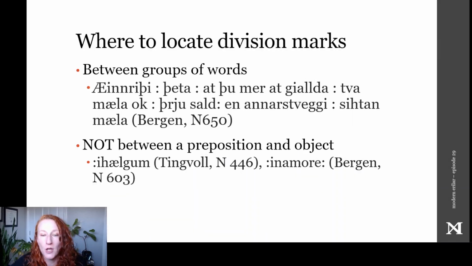Sometimes rune writers chose to divide groups of words. The writer of business letter N650 from Briegen tends to divide phrases, but the divisions don't quite correlate to where we would place a comma, for instance, in modern English. In many instances, rune writers would not divide a monosyllabic preposition from its object.